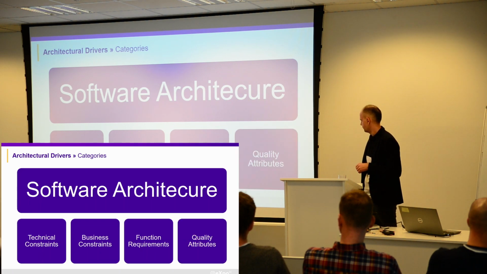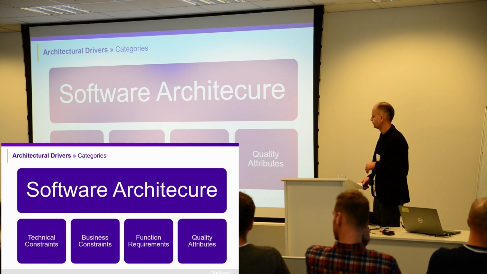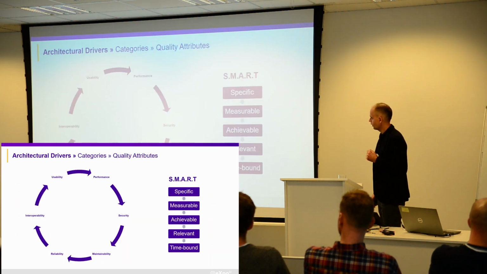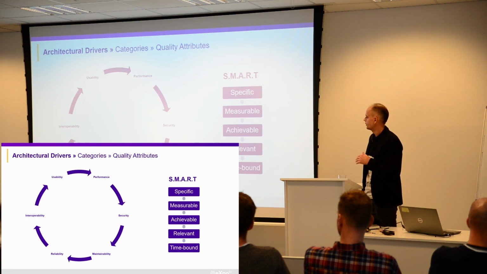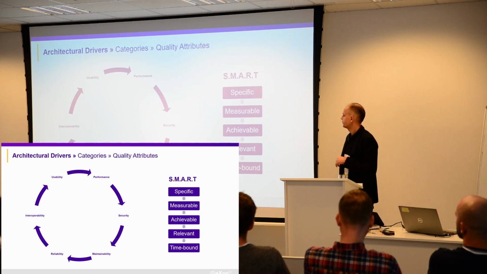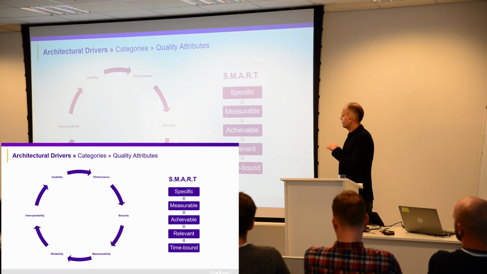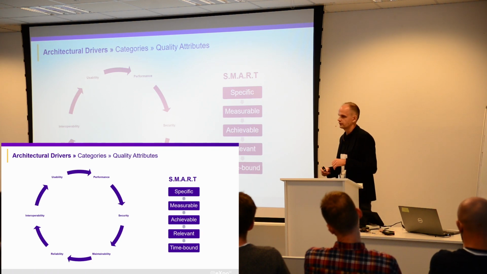The last one is quality attributes, which are very related to the functional requirements. Quality attributes are things like performance, security, maintainability, interoperability, reliability, or usability. And generally, they should be defined in a SMART way. So we are not saying that the application has to be fast.